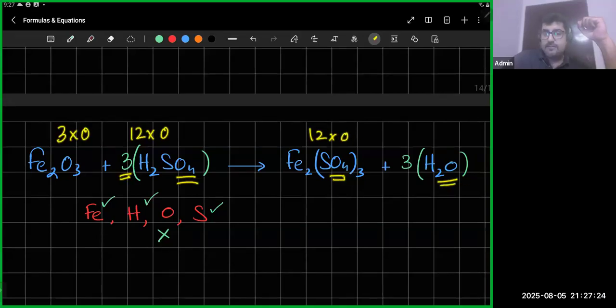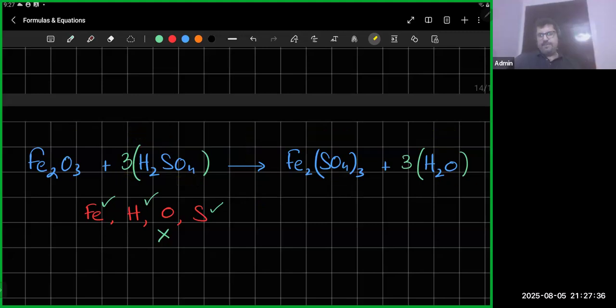That's 1 oxygen, but there are 3 molecules, so that means there are 3 oxygens. So that is also 15 oxygens in total. ठीक है, left right side पे. So जो difficult one था ना, you don't need to even balance it. Just balance the easy ones. The difficult one would sort itself out. ठीक है? चलिए clear है ये?